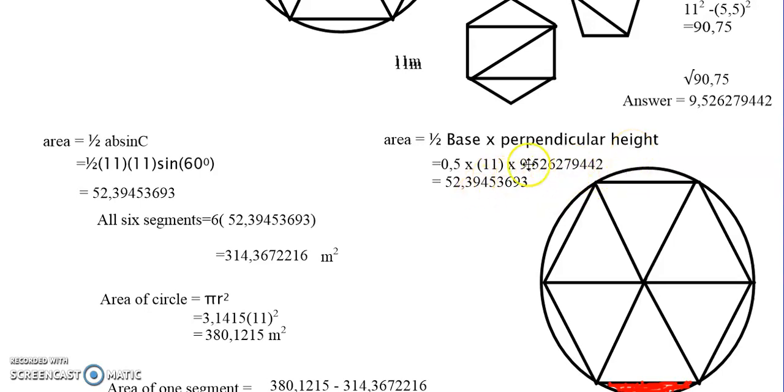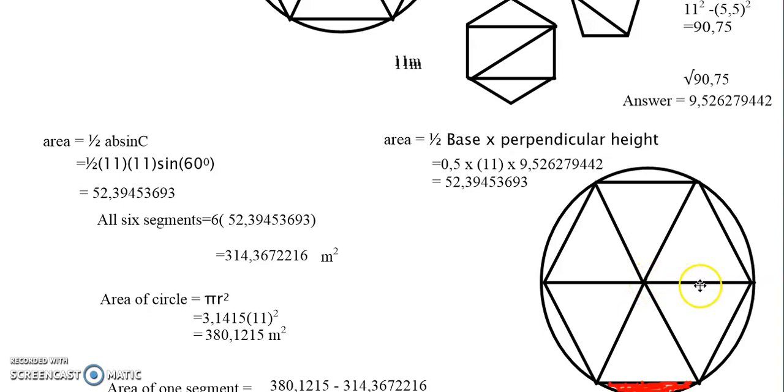And we calculated the perpendicular height by drawing a vertical line from the base to the vertex. And we know that because this is an equilateral triangle, this line will halve the base exactly. And because the base is 11 units long, this part will be 5,5 and that part will be 5,5.